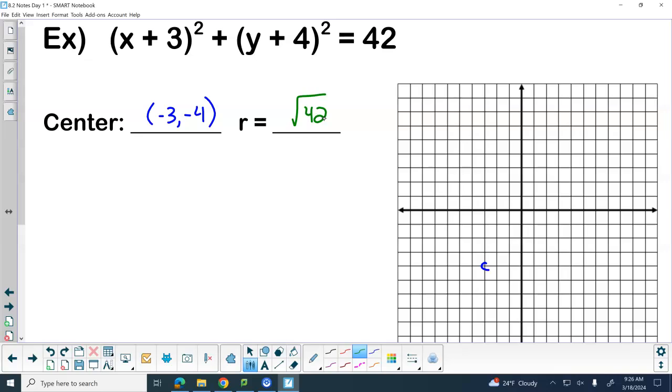It's between 6 and 7. Closer to 6 or closer to 7? Or right smack dab in the middle? Closer to 6?